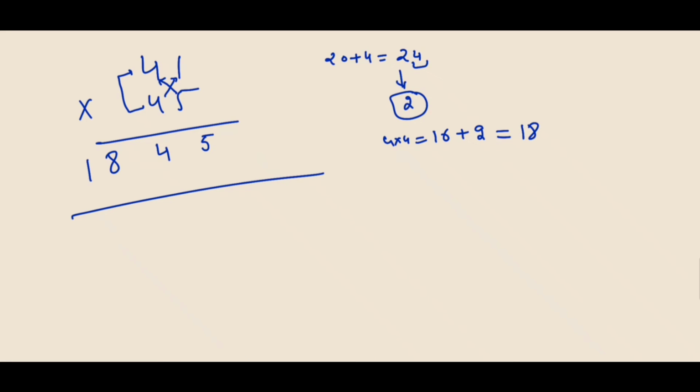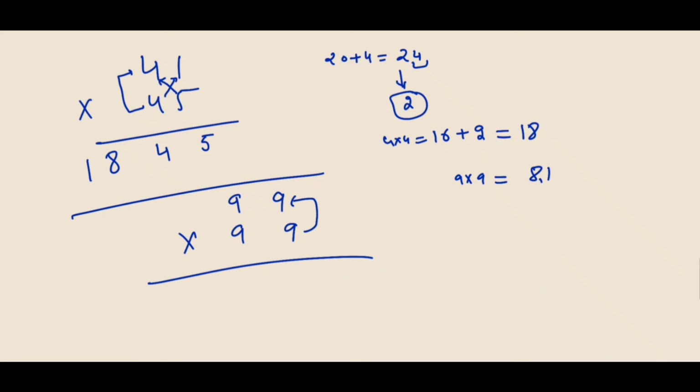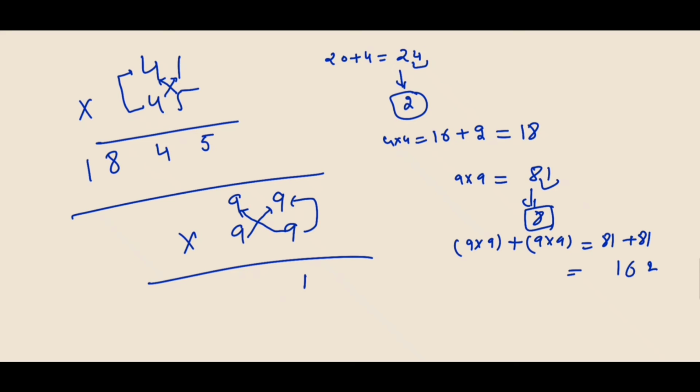Next let me take one more example, 99 multiplied by 99. First we have to multiply this 9 into 9, 81. So 1 I will write at ones place, and this 8 is my carry forward. Next I have to multiply this 9 with 9 plus this 9 with 9. So it will become 81 plus 81, which is equal to 162, and then add this 8.